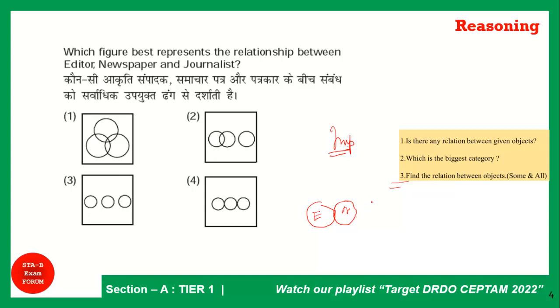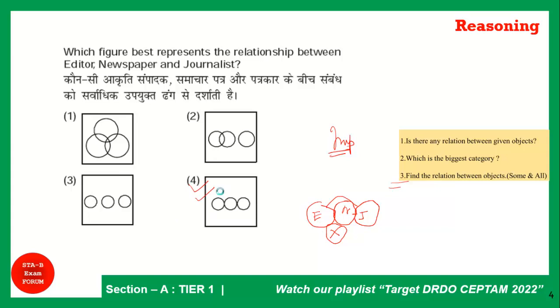They are somewhat related to newspaper but not fully, so they will come in the boundary. Normally a journalist is not an editor, right? So it will not be like this. There will be no relationship between editor and journalist. So option 4 is the correct answer.